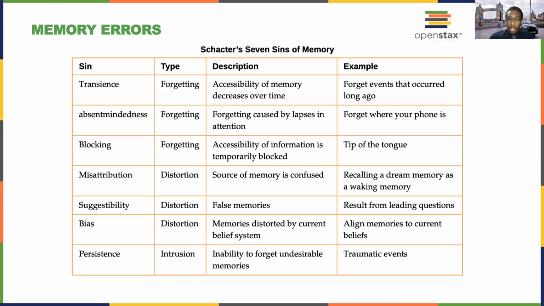We call that blocking. Then there are three types of distortion that we'll mention here: misattribution, suggestibility, and bias. So bias we covered in chapter 7, which is when there are various ways in which our memories or our existing beliefs shape not only how we think about people in the present, but also how we recall information from the past.